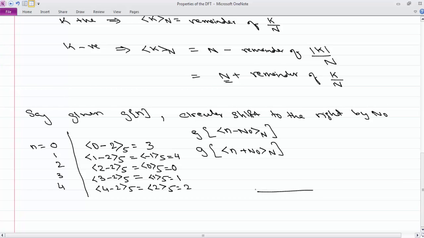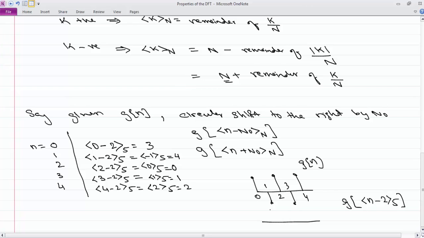So if your original signal was, let's say, 0, 1, 2, 3, and 4, right? If this was your g[n], then g of (n minus 2) mod 5 is going to be, at 0, whatever was at 3. Effectively everything is going to the right by a factor of 2.